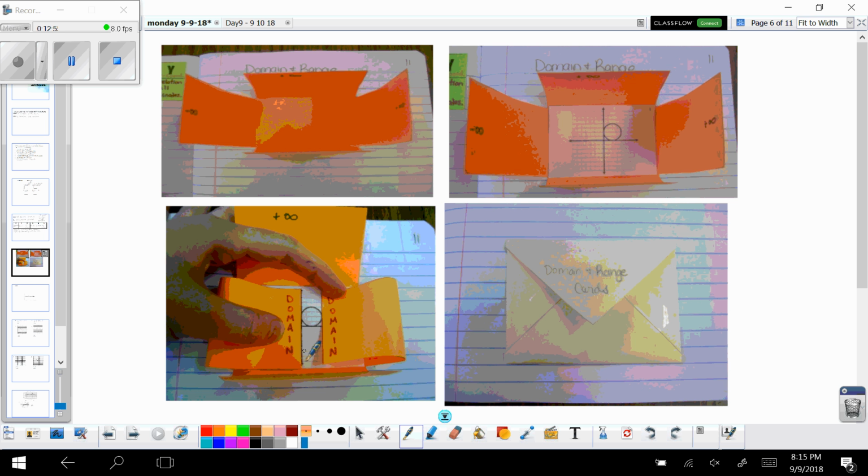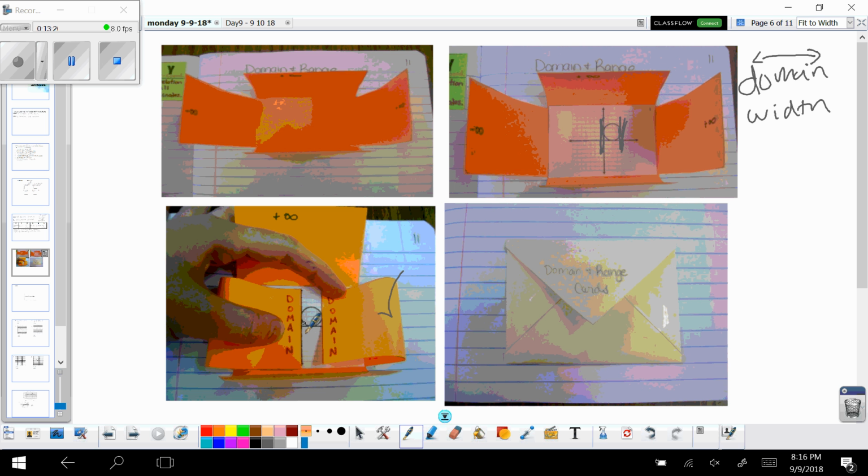So if we're looking at this one right here on the board, the way we find domain is it's your width, okay? Domain is your width. It's your side to side. Remember, it's your X. Because if you look at this circle, it goes from here to here. So you'll use the wall flaps, just like in this picture, to show you how wide it gets.